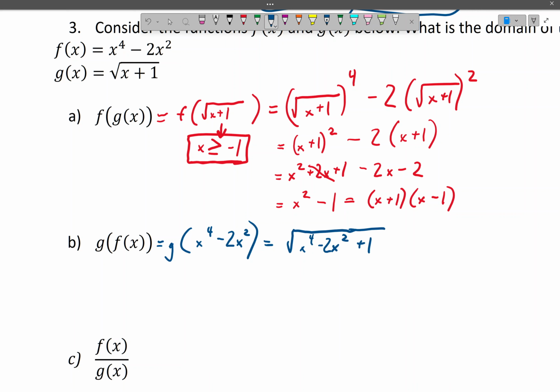And inside that function, we cannot have a value that is less than 0. It has to be positive, right? So that means down here that x to the 4 minus 2x squared plus 1 must be greater than or equal to 0.